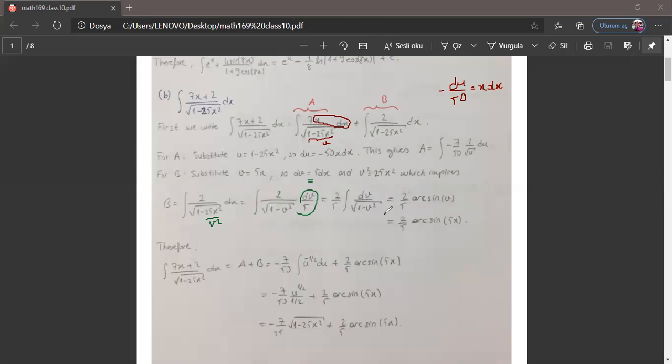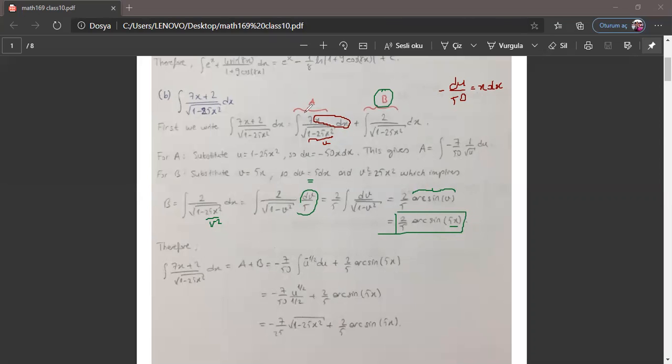So we get this, and 1 over square root of 1 minus v squared gives us arcsine v. So we have 2 over 5 arcsine v, with v equal to 5x. So for B, we found this.